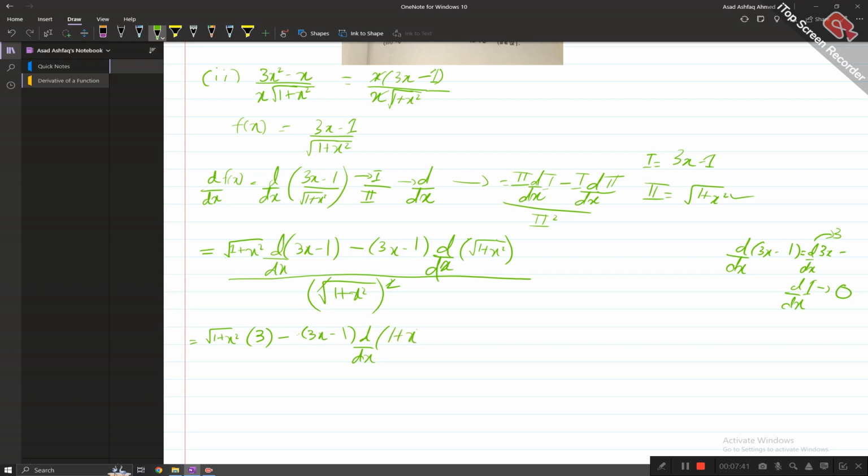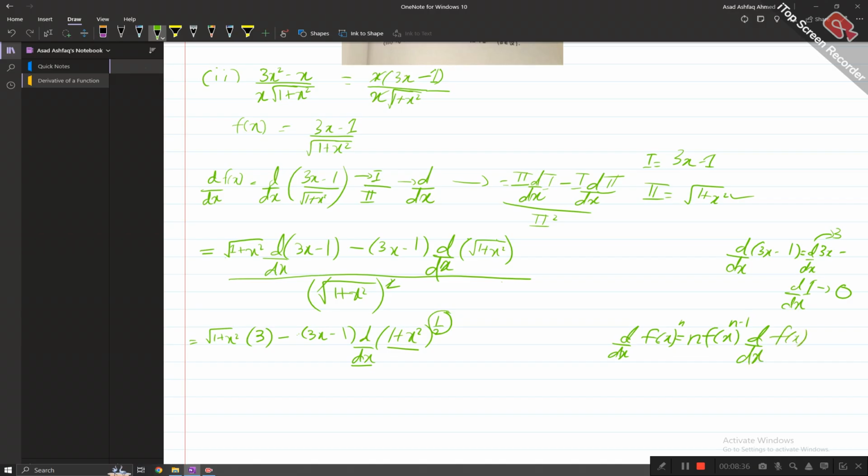We apply the derivative of a function power n, which I write here for your understanding: d upon dx of function power n equals n into function power n minus 1 into derivative of this function.